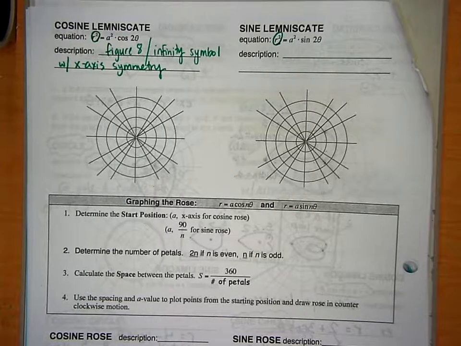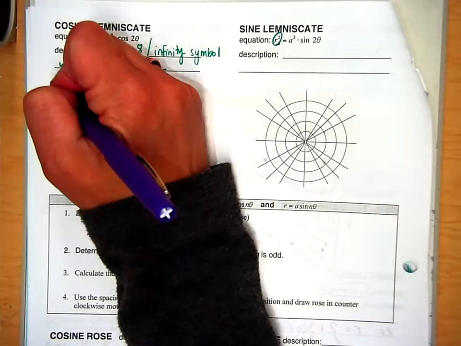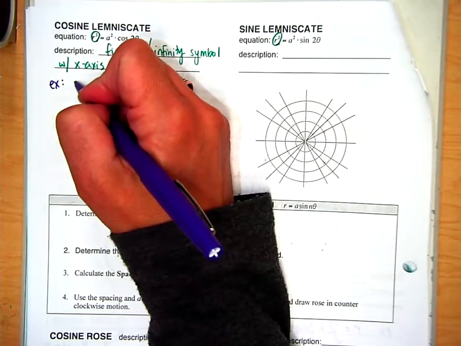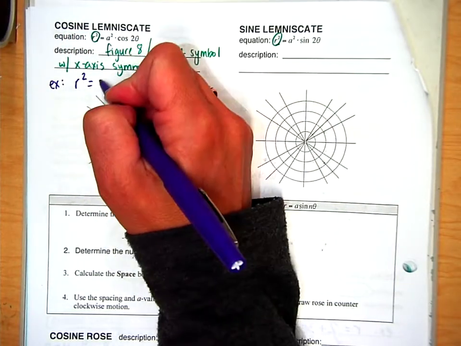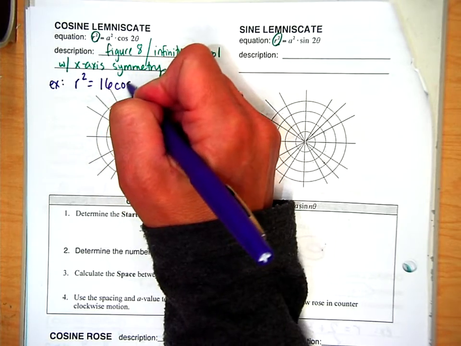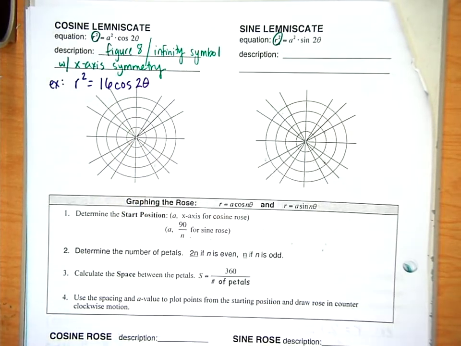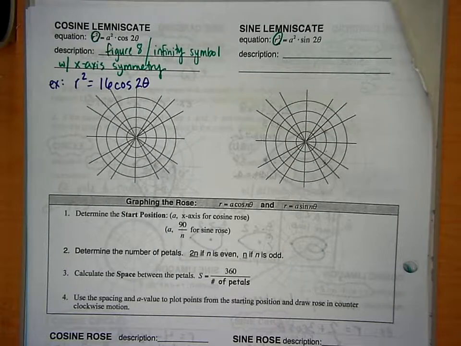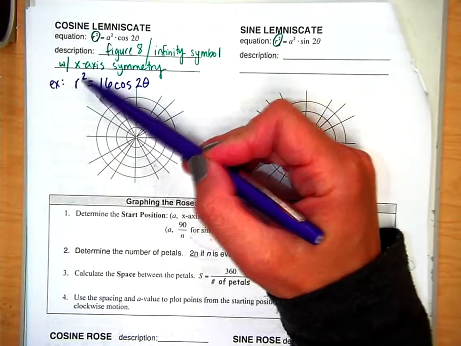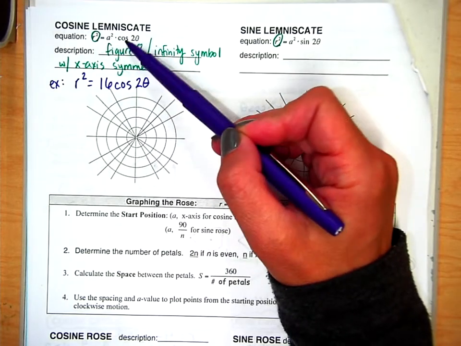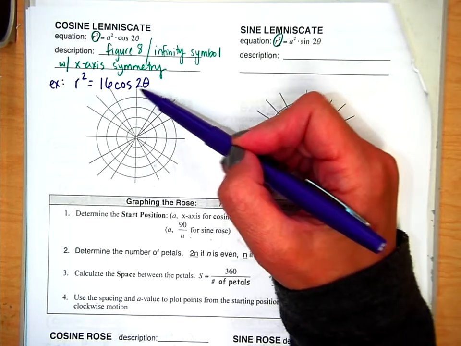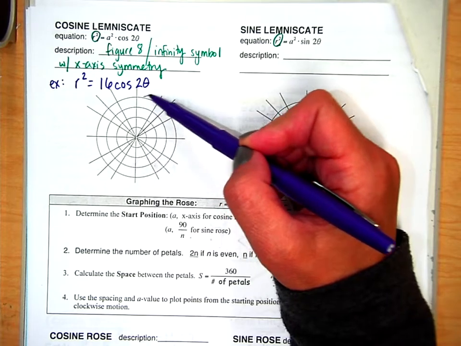Let's do an example. So let's say we asked you to graph r squared equals 16 cosine 2 theta. Okay, so that's the right pattern. It's r squared equals a squared cosine of 2 theta. Now for a lemniscate, it's always going to be 2 theta.